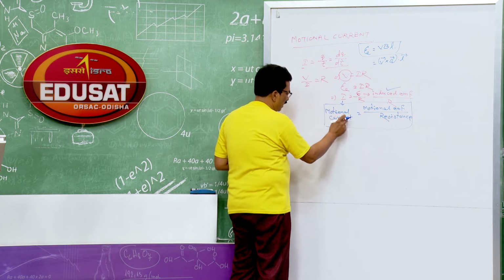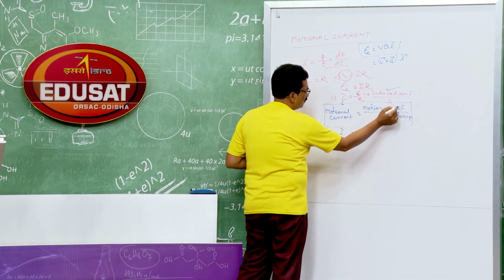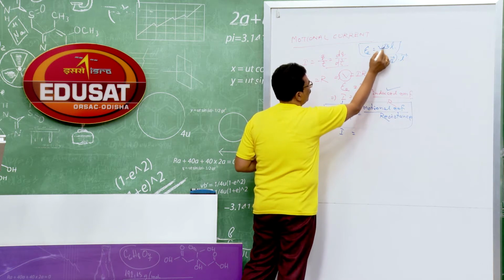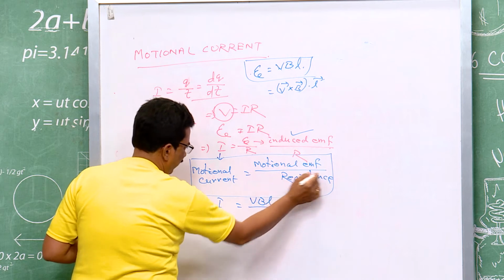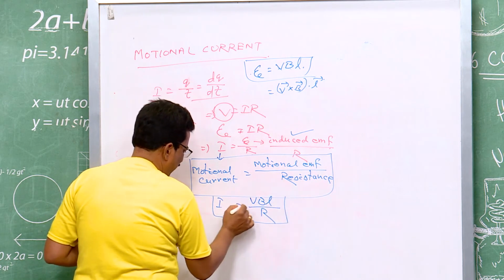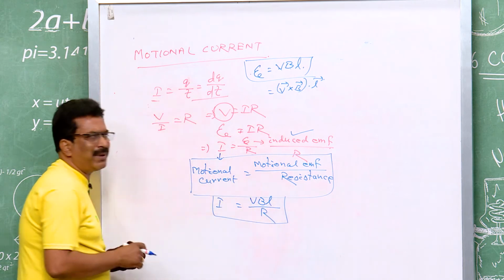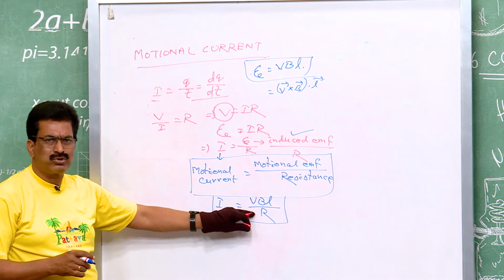So, this motional current, if written as I, then this is the motional EMF. Motional EMF is equal to VBL by the resistance. If resistance is equal to R, then I is equal to VBL by R. This is one of the expressions of the motional current.